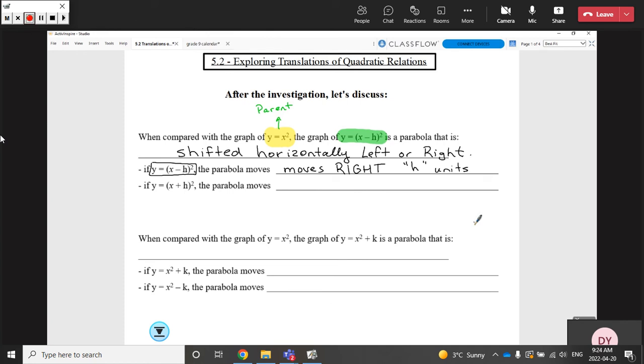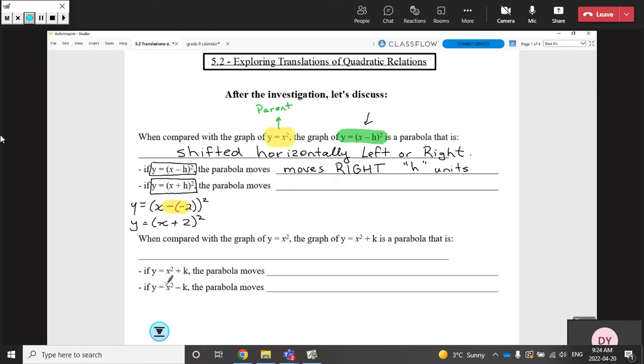And then if we substitute in a negative value, if we subbed in a negative 2 into this, it would look like y equals (x minus negative 2) squared, which, as I said before, the math people say should really be expressed as (x plus 2) squared.